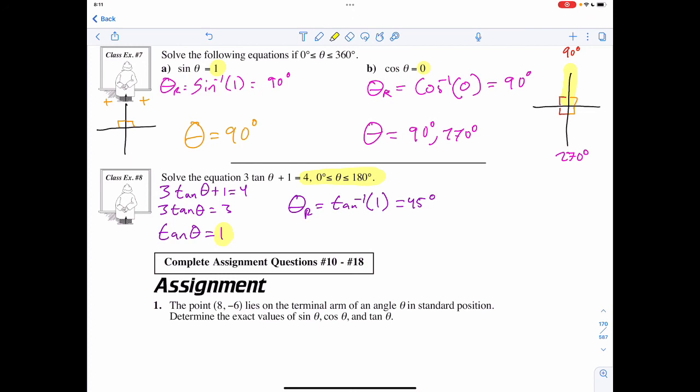The only place where tan is positive between 0 and 180 is literally just in quadrant 1. So my angle is equal to my reference angle, 45 degrees. And that's my only solution.